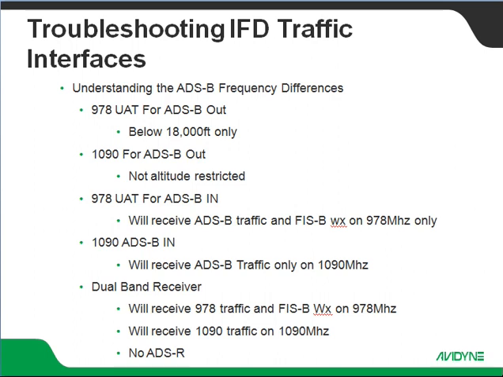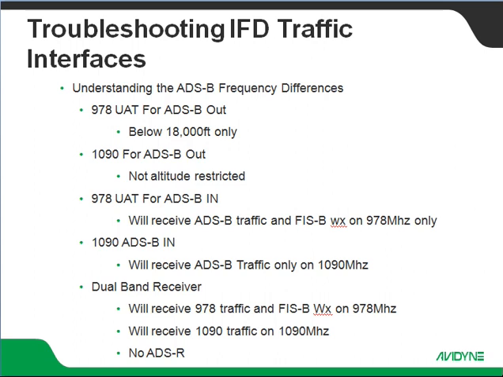That's fine. But understand that that's coming across on a 978 frequency if you've got a UAT in. For a 1090 in, that's going to give you ADSB traffic only, and it's only going to be on the 1090 megahertz frequency.